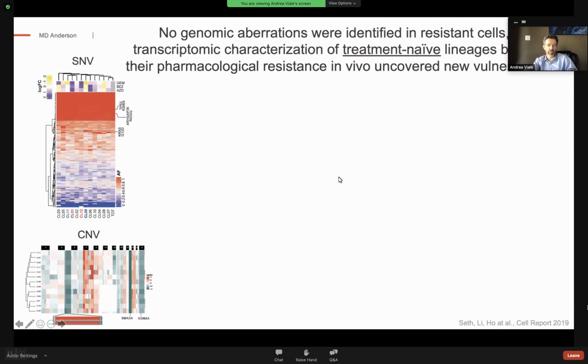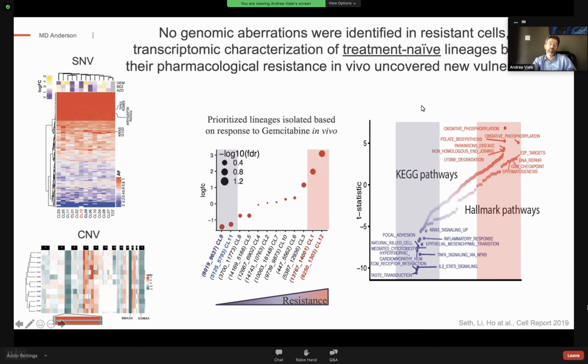So we performed deep characterization of these clones. We were not able to identify any genomic aberration that was explaining their differential response to treatment. We found very interesting things when we studied the clones at the transcriptomic level, because we uncovered new vulnerabilities.